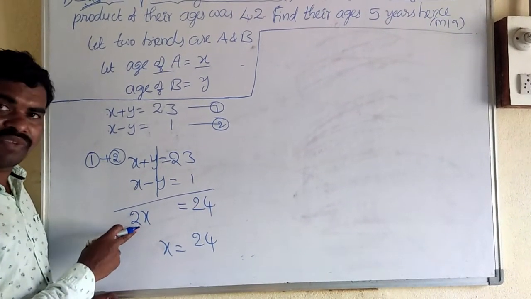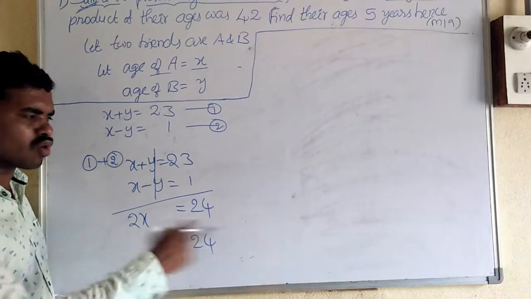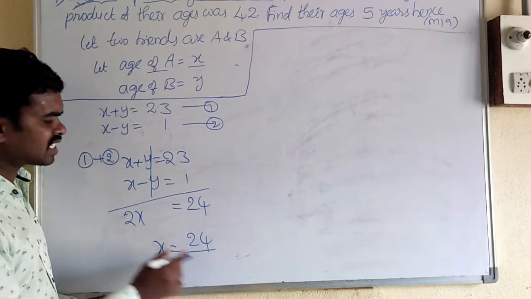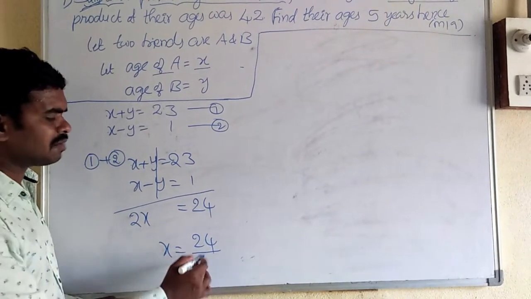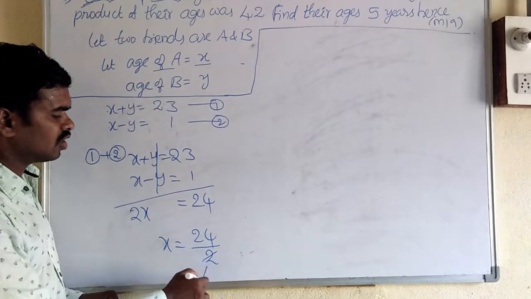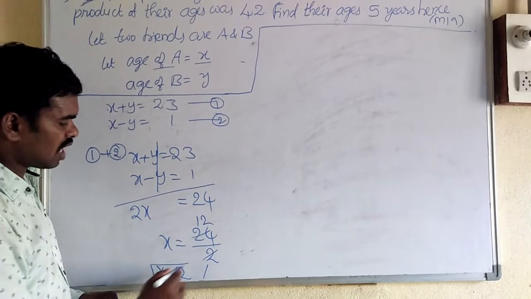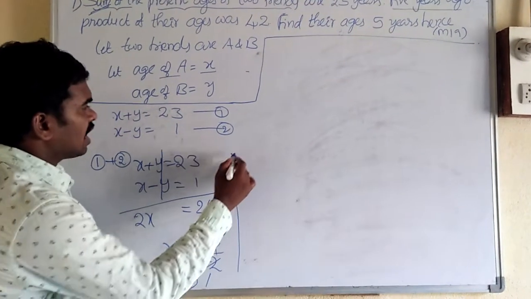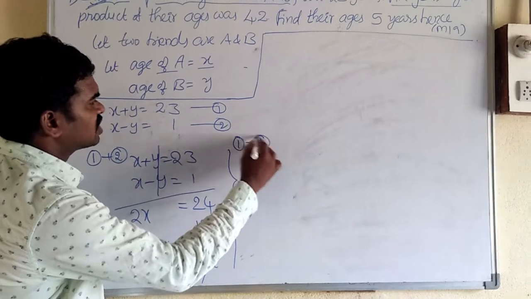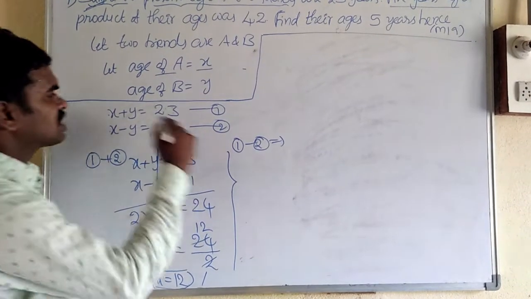But what about 2? It is in multiplication, so send it to the right side, where the multiplied number becomes the denominator and goes to division. So x is equal to 12.